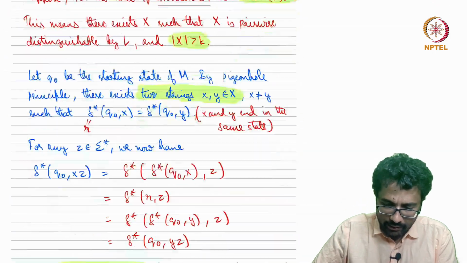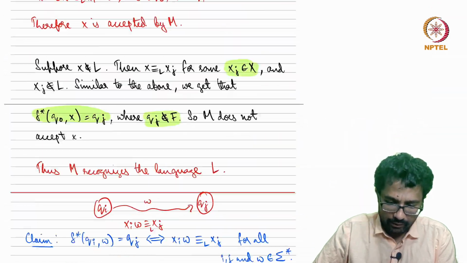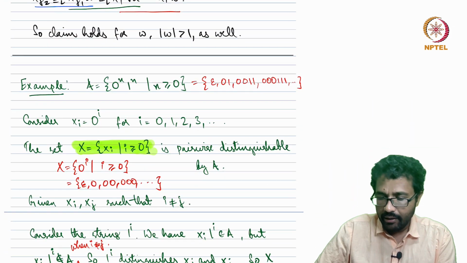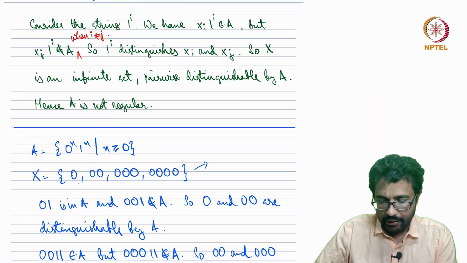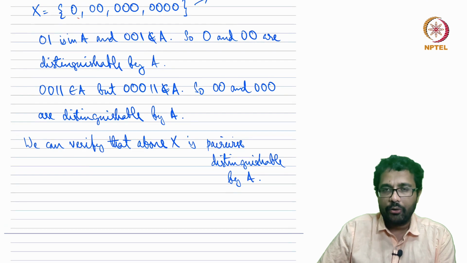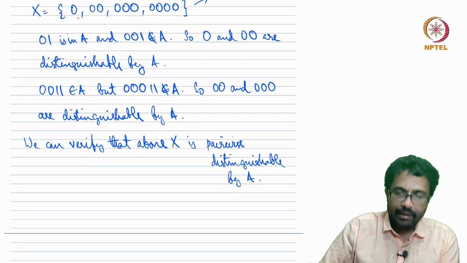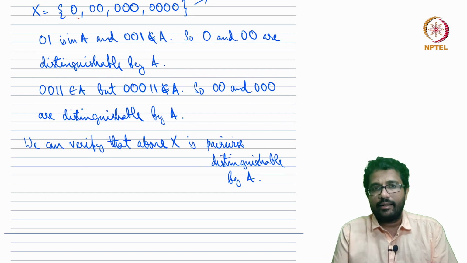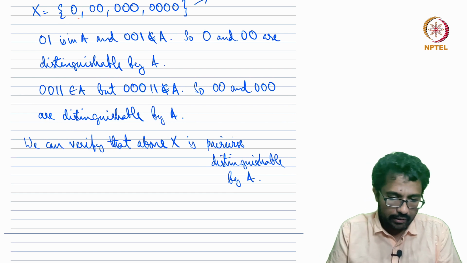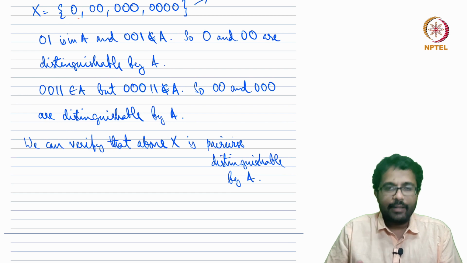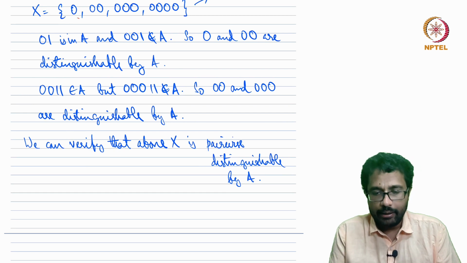And with that, we come to the end of the part on regular languages. This is the last topic in the first chapter, the chapter on regular languages. In fact, this Myhill-Nerode theorem is not in the textbook per se. It is listed as an exercise, but this completes the part on regular languages.